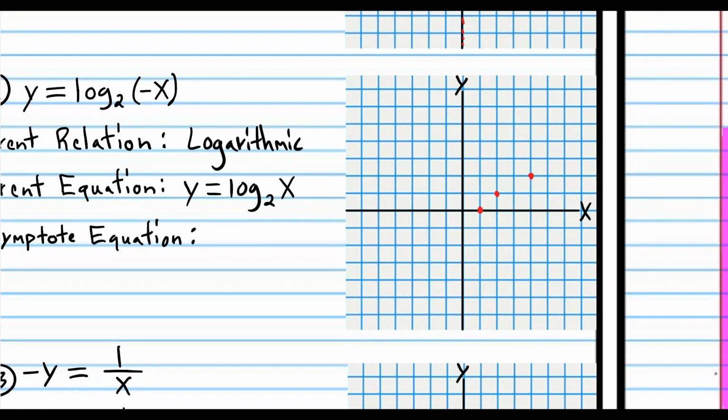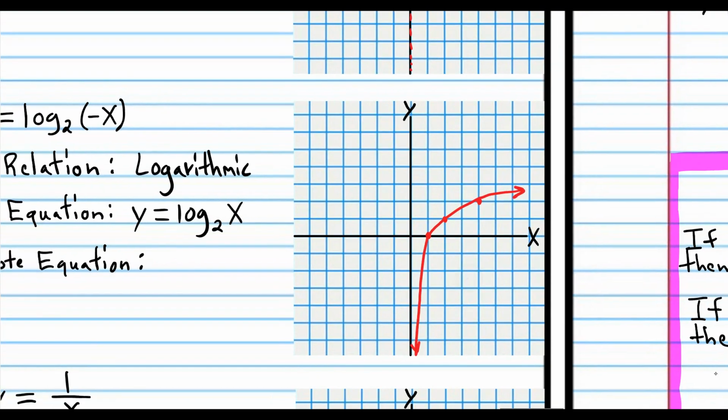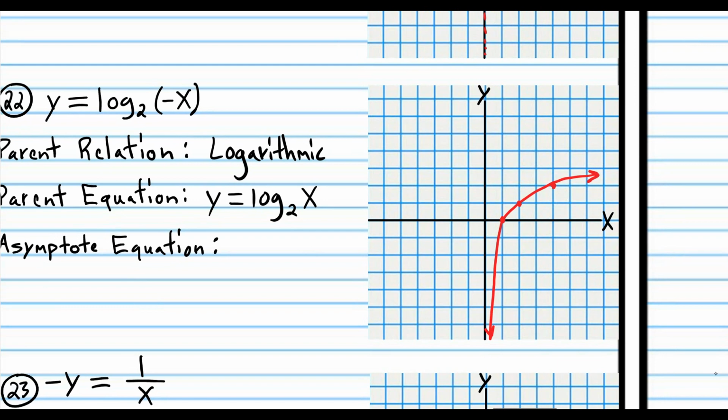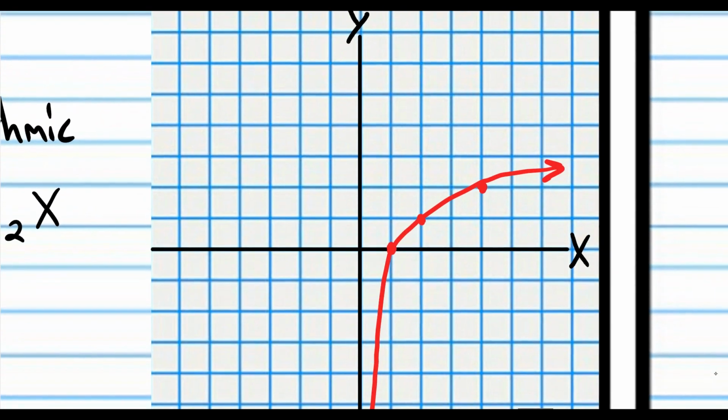So we can connect the dots, and this tells us what the parent graph looks like. But now we're going to reflect across the y-axis because x has a negative in front of it. So we're going to count how many units from the y-axis to that point, and then we're going to go that same distance on the other side of the y-axis.